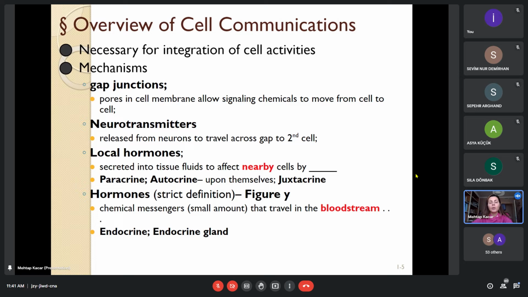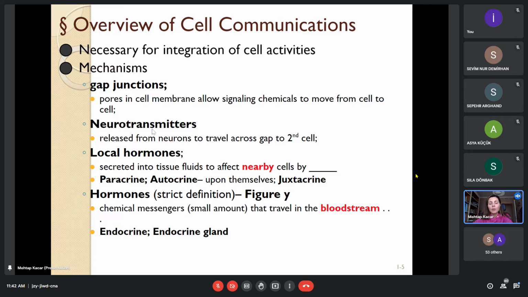And cell communication systems. Remember, because we need integration of cell communications for normal activities, there are some important cell communication systems. Gap junctions, for example, are pores in the cell membrane that allow the signaling chemical to move from cell to cell.